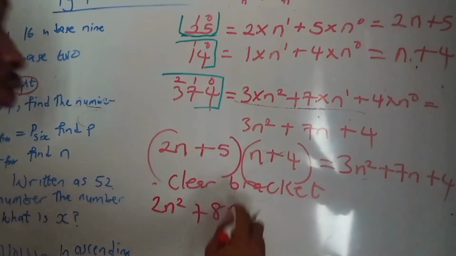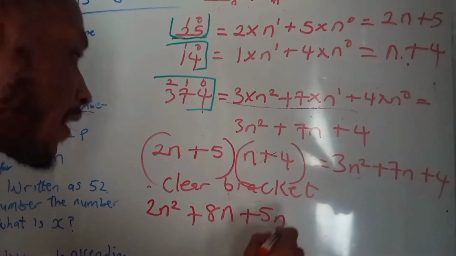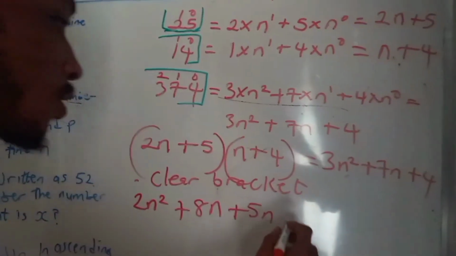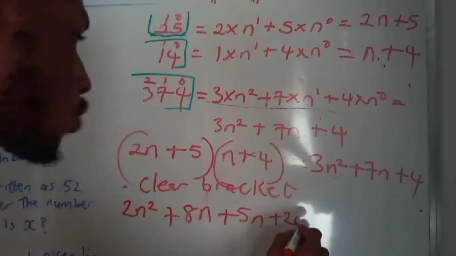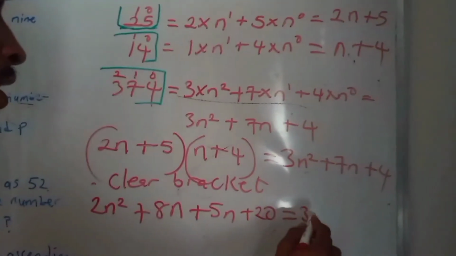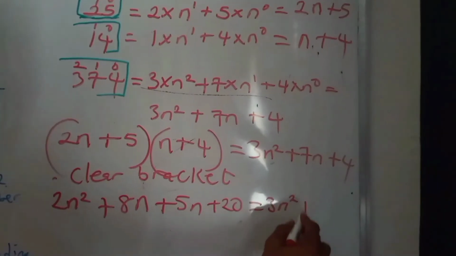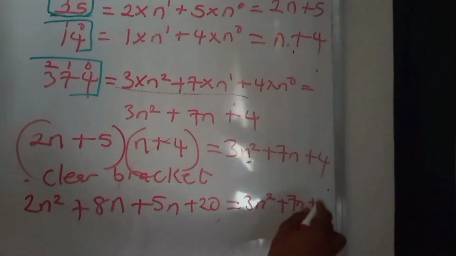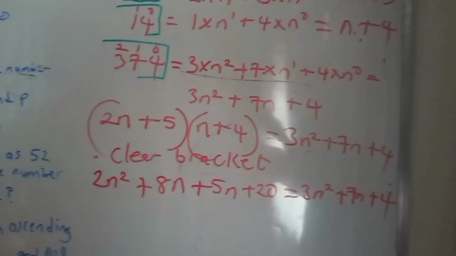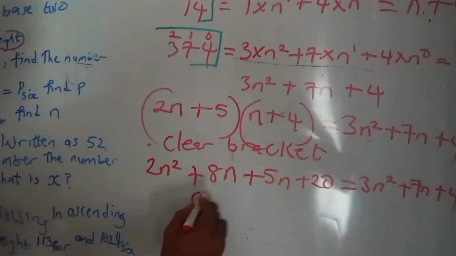Plus 5 times n is 5n. Plus 5 times 4 is 20, equals 3n squared plus 7n plus 4. I just bring it down again. What next? Collect like terms.